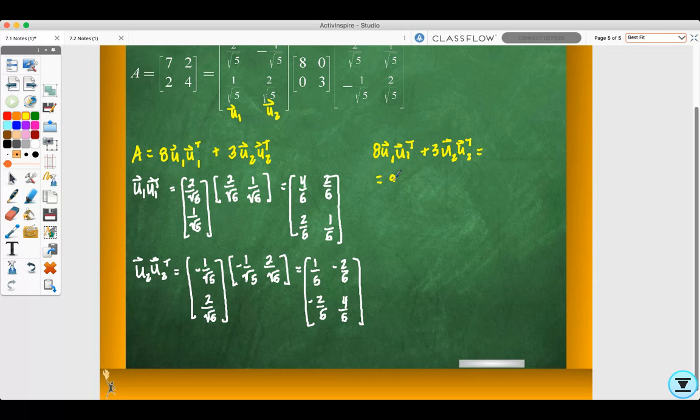So I'm going to take 8 times 4/5, 2/5, 2/5, 1/5, plus 3 times 1/5, -2/5, -2/5, 4/5.